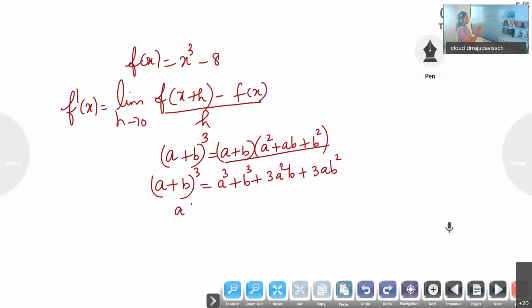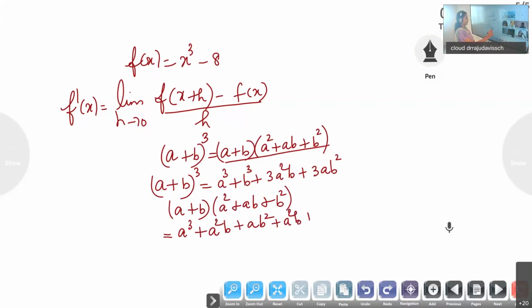What is a plus b into a square plus ab plus b square? When you open the bracket, you will get a cube plus a square b plus ab square plus a square b plus ab square plus b cube. Isn't it? So which is same as a cube.